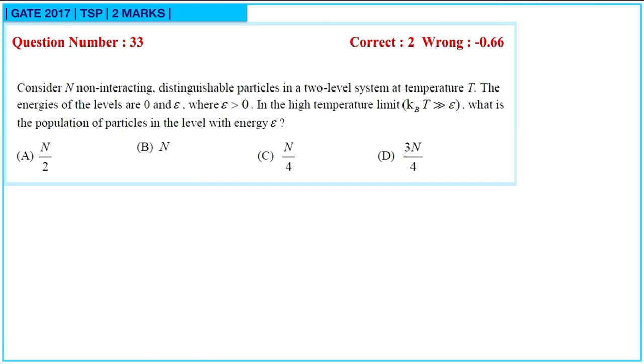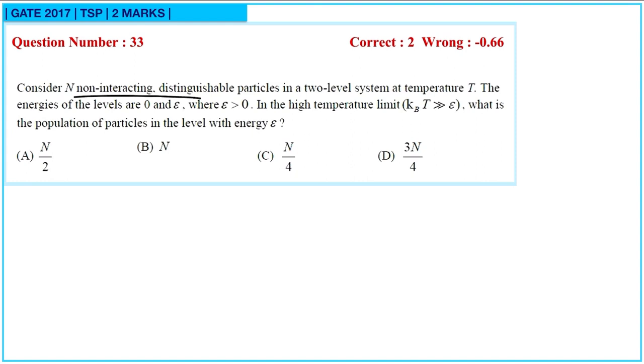Next question. Consider n non-interacting distinguishable particles in a two-level system at temperature T. The energies of the two levels are 0 and E, where E is greater than 0. In the high temperature limit, kBT much greater than E, what is the population of particles in the level with energy E?